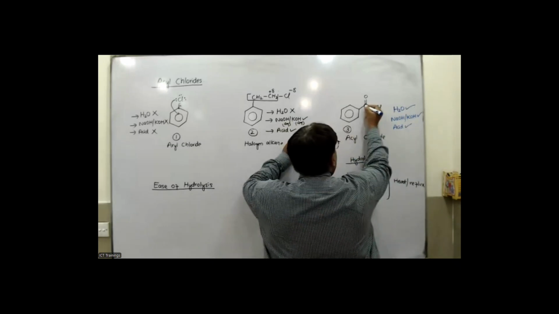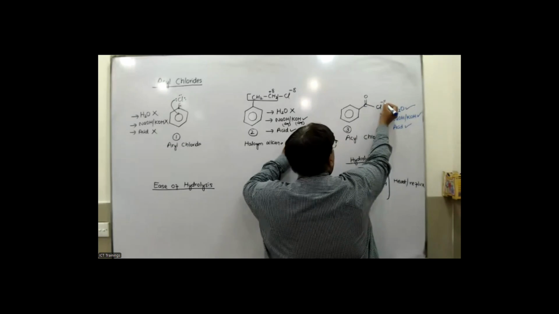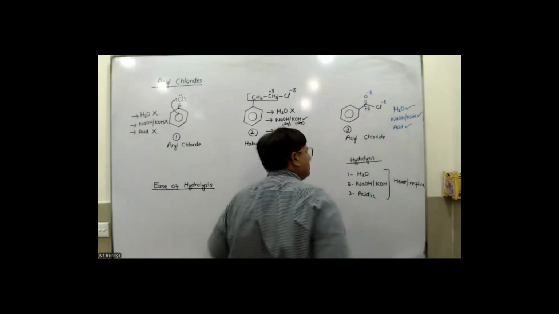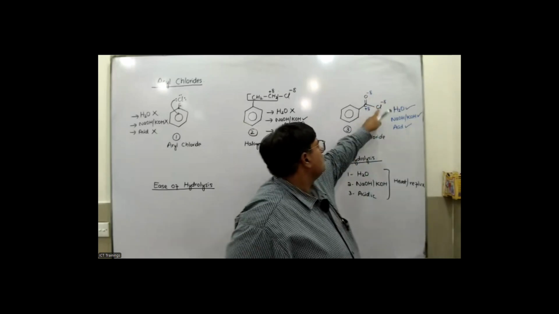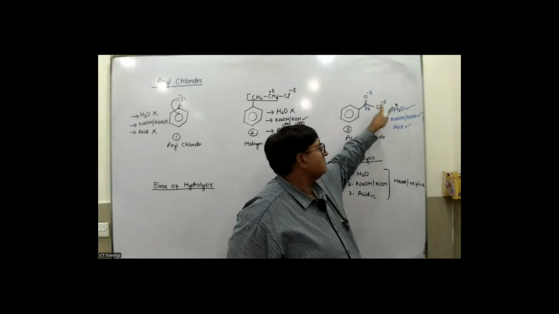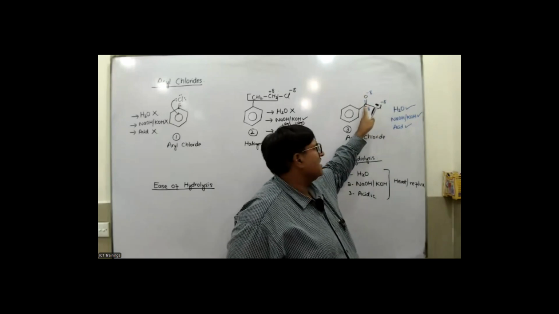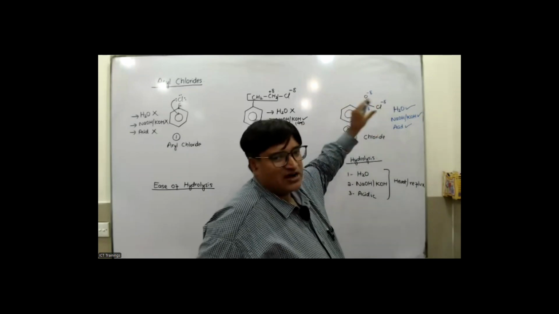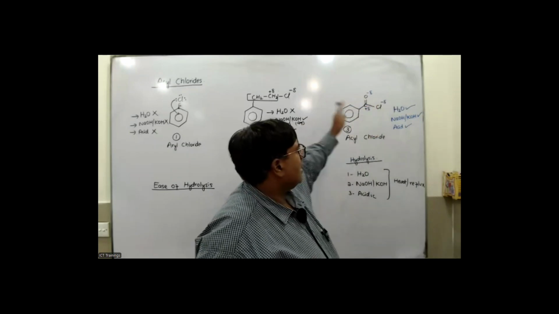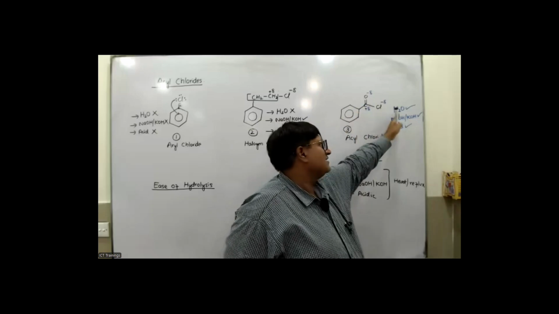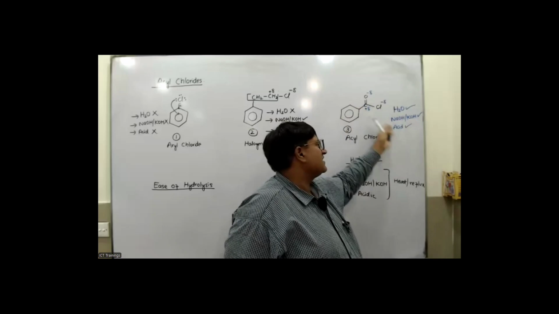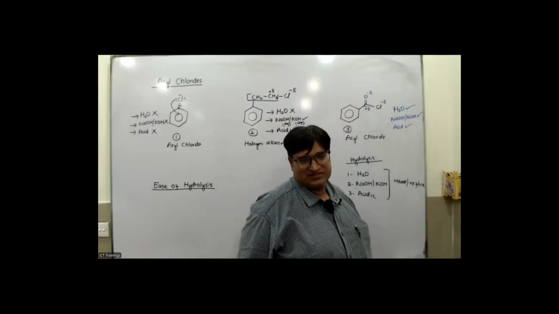If you look up here, this chlorine is partial negative, and this oxygen is partial negative. So this carbon becomes highly partial positive, because two more electronegative atoms are attached to it. So this highly partial positive carbon can be attacked by water, it can be attacked by OH minus, and it can be attacked by the acid as well.